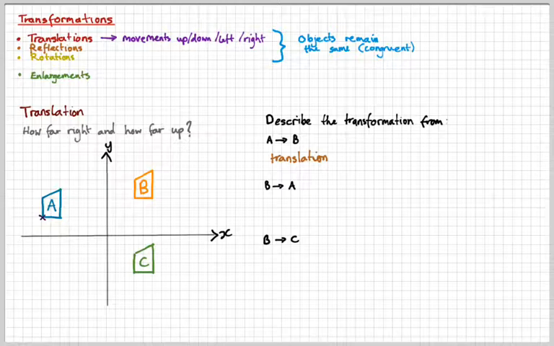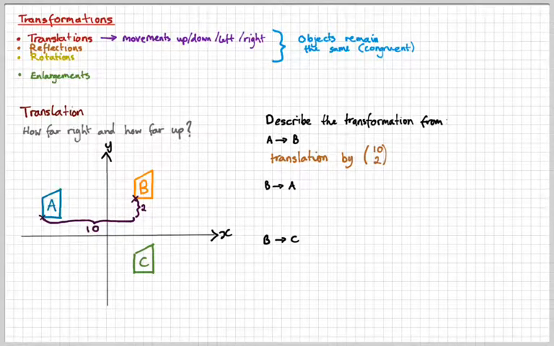So if we put a little cross in the bottom corner of A, and put a little cross in the bottom corner of B in the exact same place, we can look at how far right it's gone. Well, if we count the number of squares, it's gone 10 squares right, and it's gone 2 squares up. So we're going to write that in our own mathematical notation. So it's a translation by 10 right and 2 up.